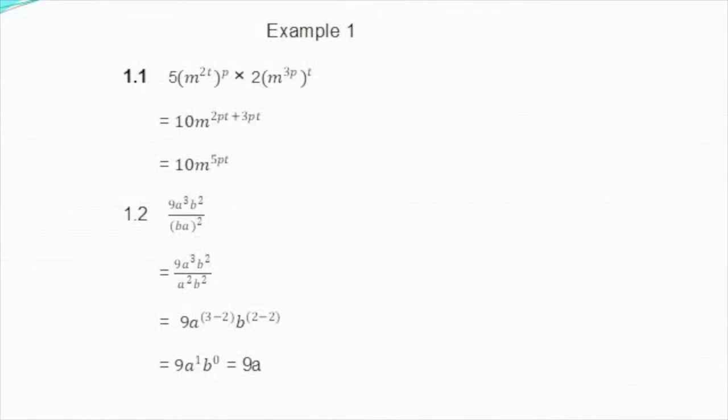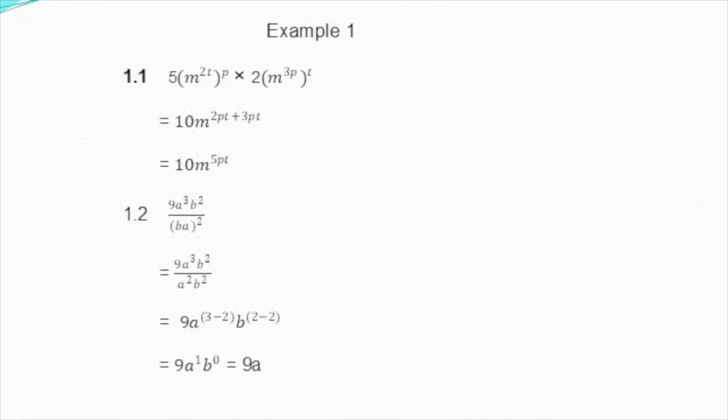On lesson 1 we have 5(m^(2t))^p multiplying 2(m^(3p))^t. With this example, we have to try our best to use the laws of exponent to solve.